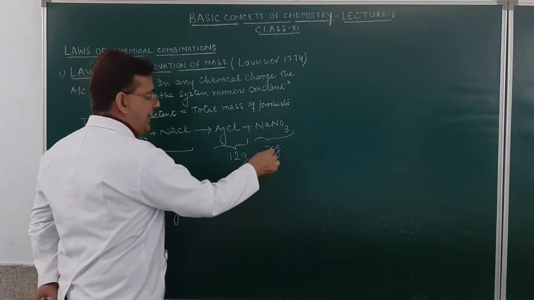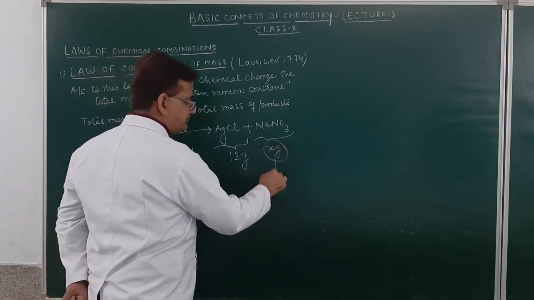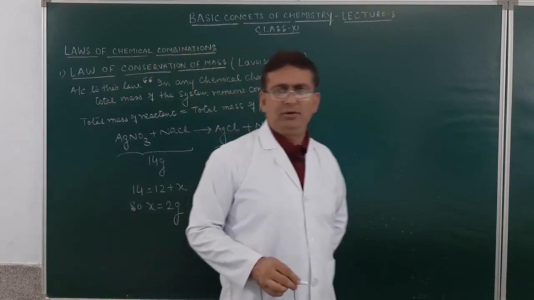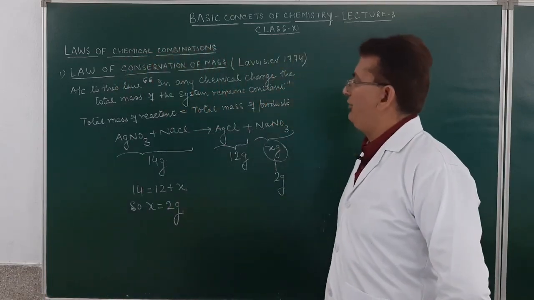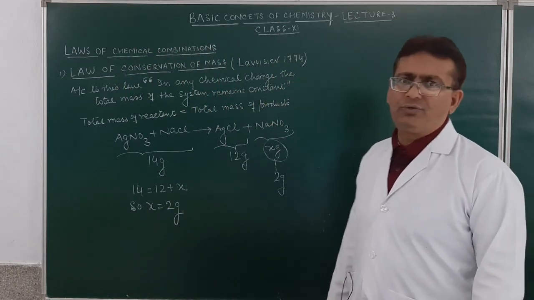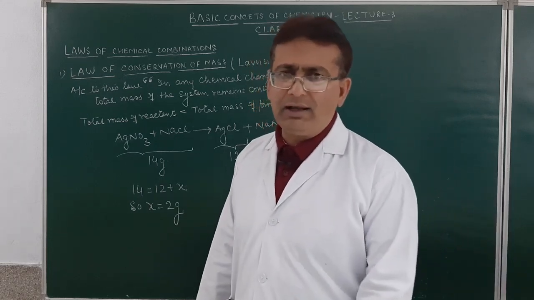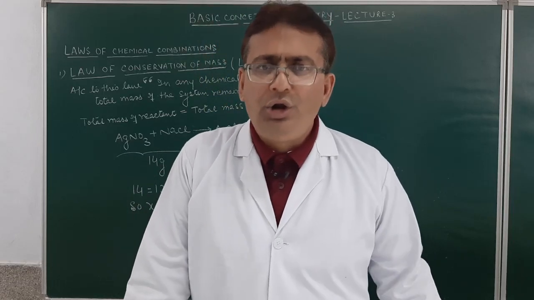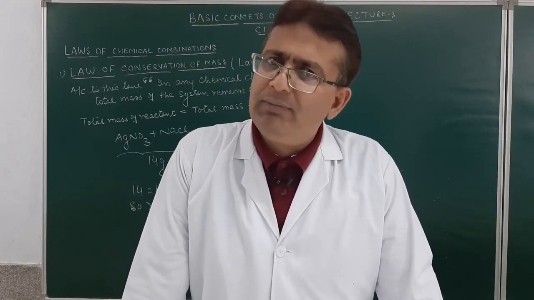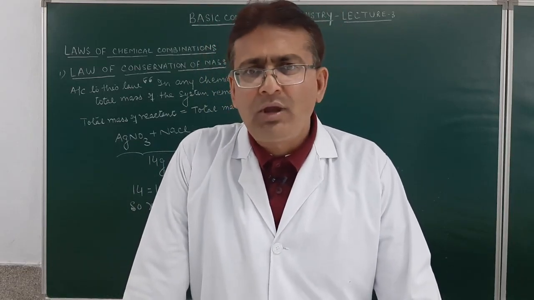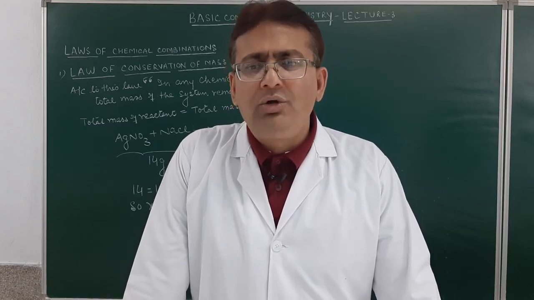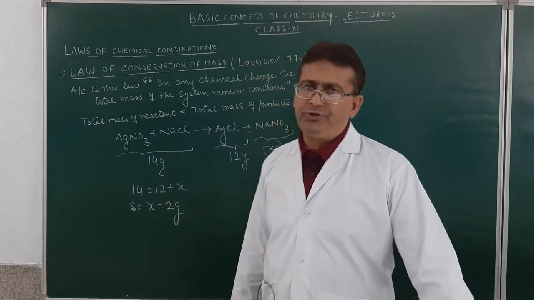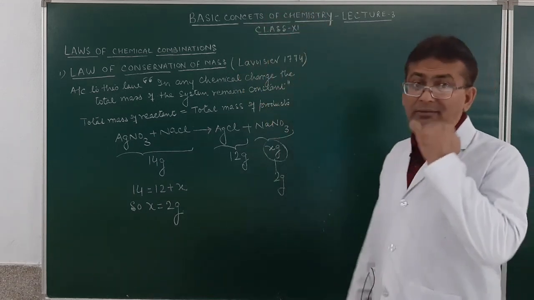If x comes to be 2 gram, 12 plus 2 will be 14, so the total mass of the reactants will be equal to the total mass of the products. Am I clear, students? Which law is this? It is the law of conservation of mass. According to this law, during any chemical change, the total mass of a system remains constant. The first law is clear.